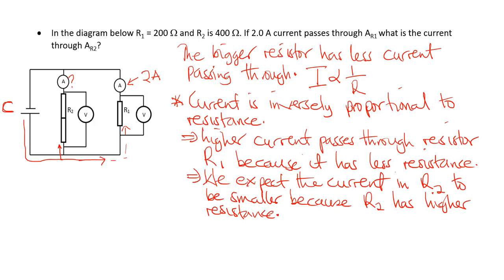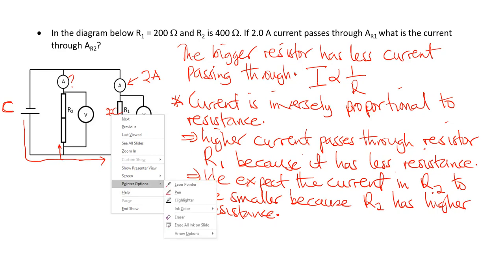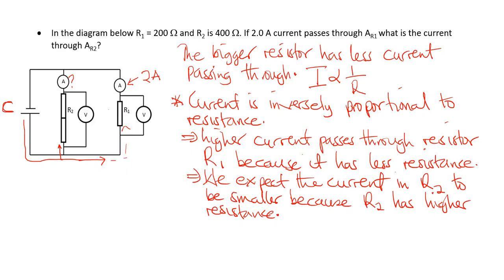So since R2 is double of R1, the current passing through R1 will give it 2x, which means, as we said, we expect the current passing through R2 to be smaller.